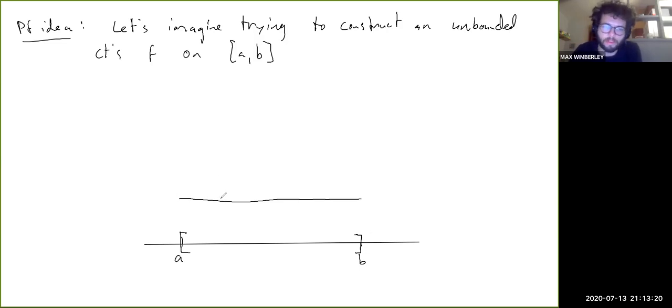Basically what we're going to try to do is keep adding in spikes in the value that keep getting bigger and bigger and bigger, and we want to do it in a way that preserves the continuity. We want there to be an infinite number of spikes, so the spikes have to get taller and taller. Unfortunately I'm not going to be able to erase this bottom line very easily, so I'm just going to draw the spikes on top of it. So let's say we make a little spike here.